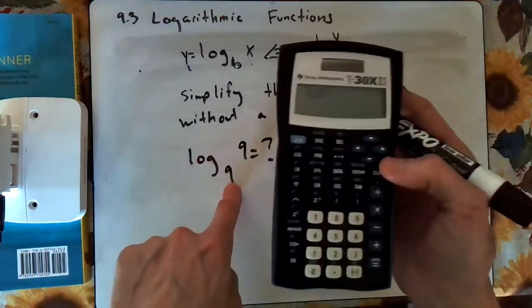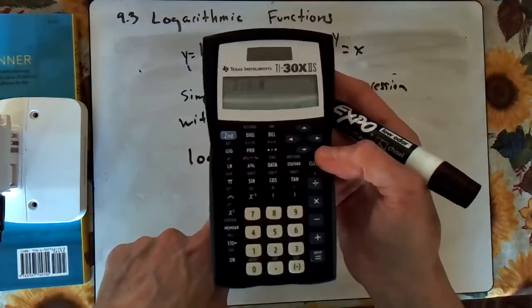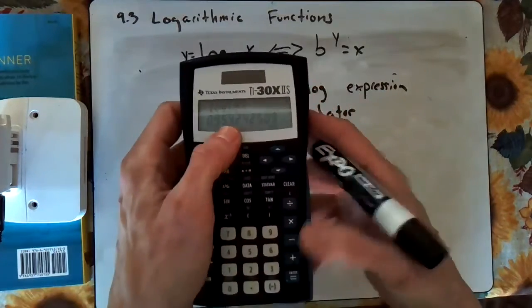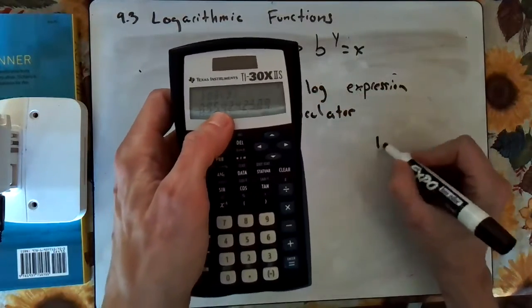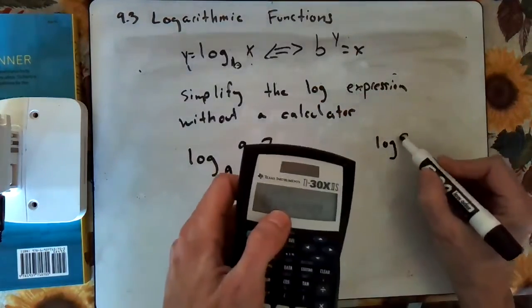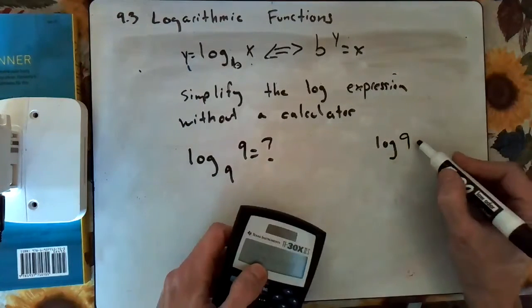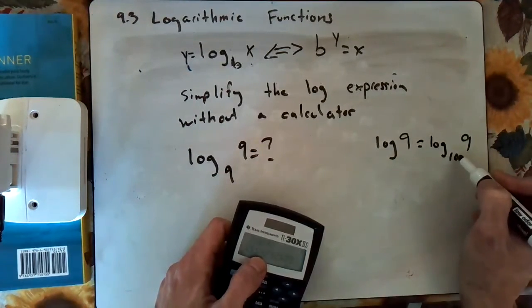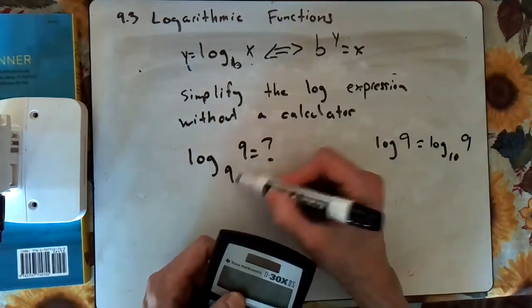So the second the problem has a base other than 10, you can't just do log of that. Like if I type log of 9 and hit enter, that's incorrect. What it did was log base 10 of 9. That's not what we have though. We have log base 9 of 9.